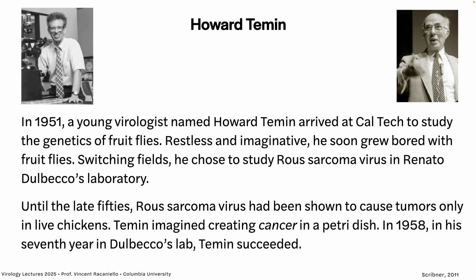And cell culture had just been developed in the early 50s, and Dulbecco was an opportunist. He said, we can use this to study viruses. And then Temin said, well, we could use chicken cells to study Rous sarcoma virus. That virus had only been shown to cause tumors in chickens, but he thought he could do something in cells in culture. And after 7 years of doing this, he worked it out.